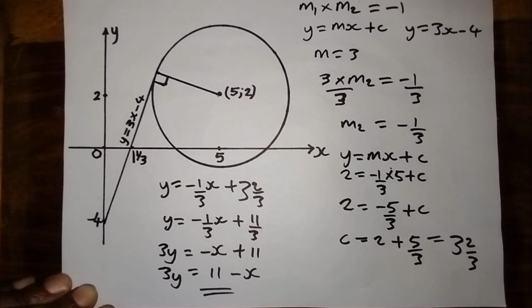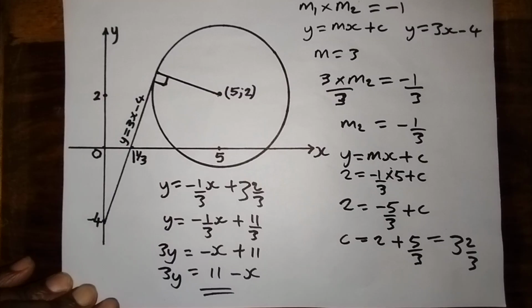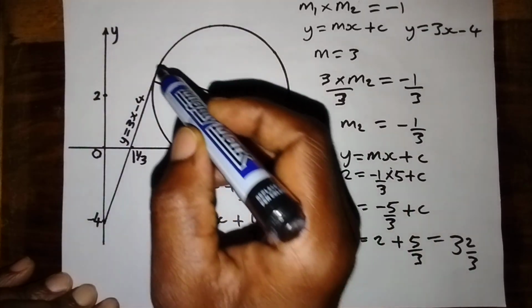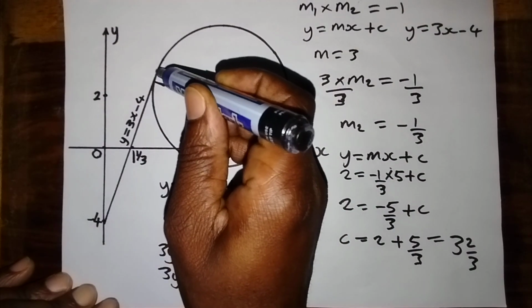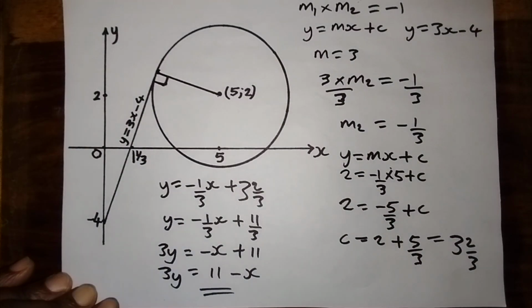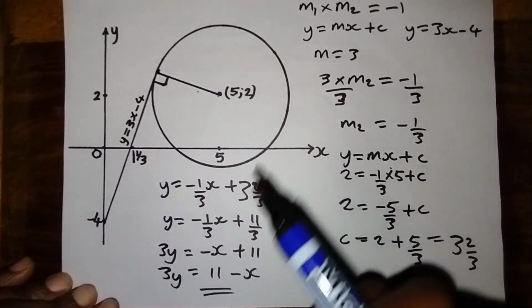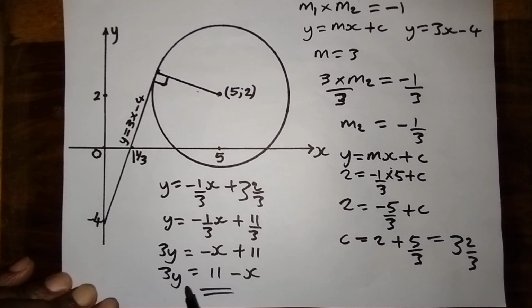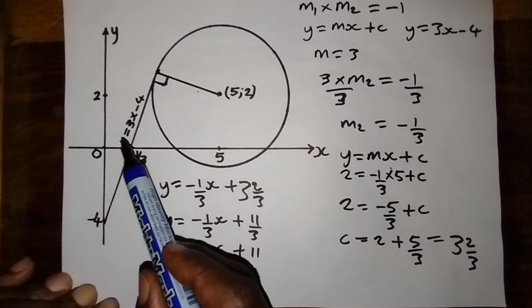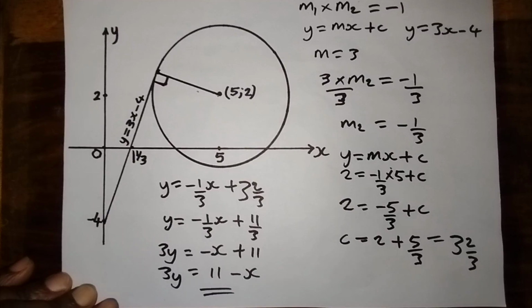For us to find the length of the radius, I must first find the coordinates of the point of intersection of the radius and the tangent. To do that, I'm going to solve the equations 3y equals 11 minus x and y equals 3x minus 4 simultaneously.